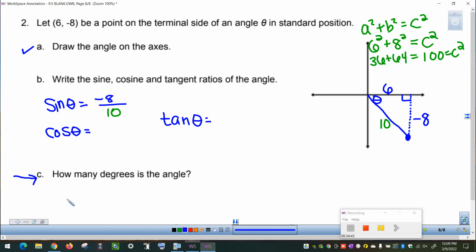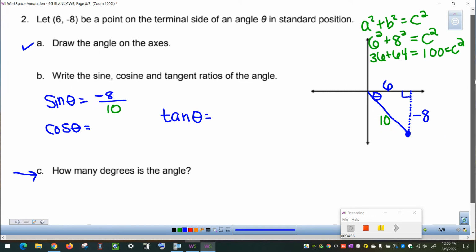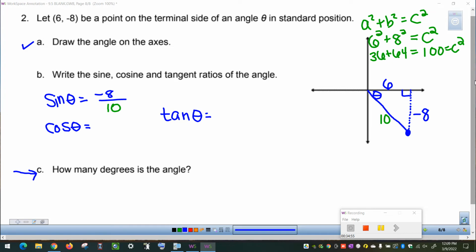Part C wants to know how many degrees is the angle. And so this is where we can think about working backwards to solve an angle measure on the inside using side lengths that we have in the triangle on the outside. So let's take a look at maybe using just these exact values that they gave us in the points that it was passing through, so the 6 and the -8.